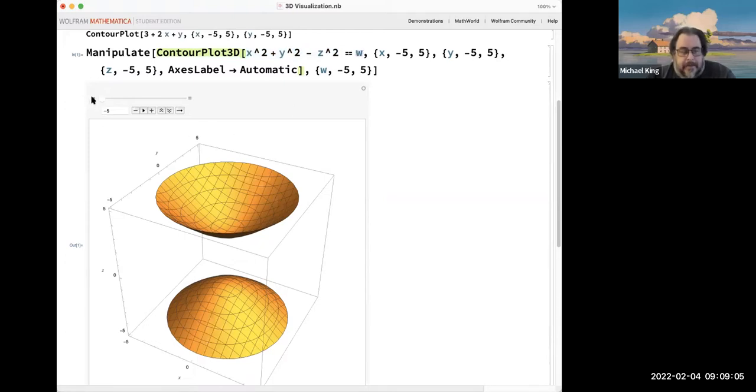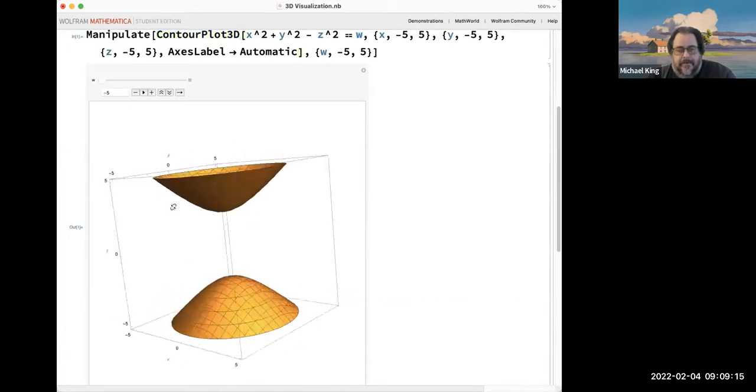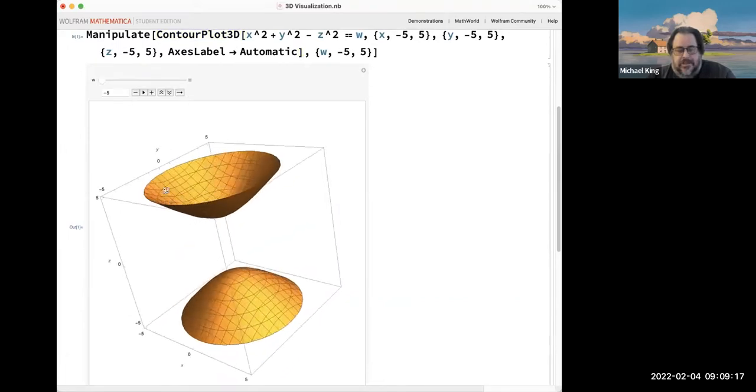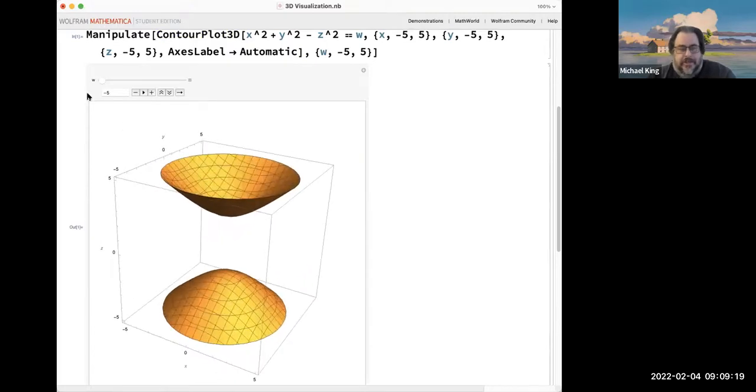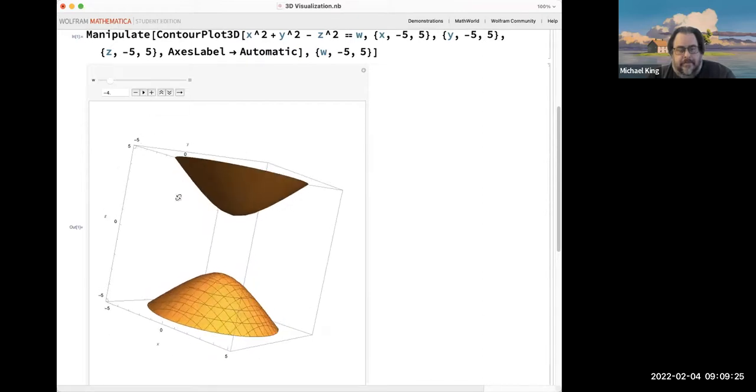There's a W right there. When you have x squared plus y squared minus z squared equals -5, you get a shape like this, called a two-sheeted hyperboloid. I'll write that down. As I move ahead, that's -4.